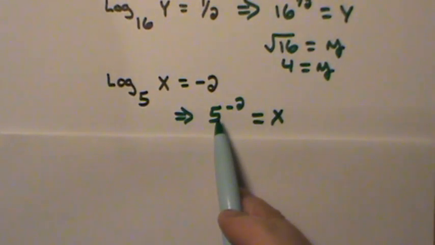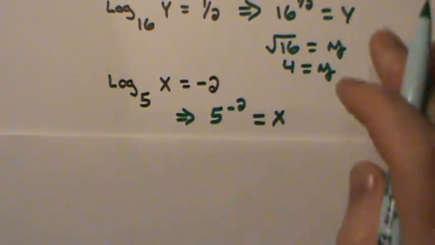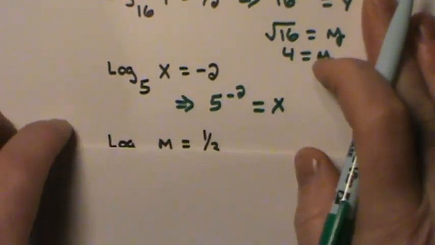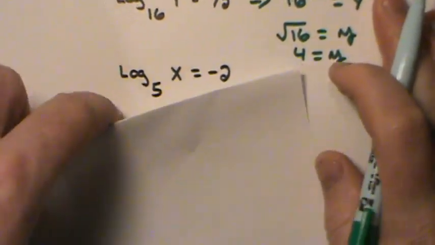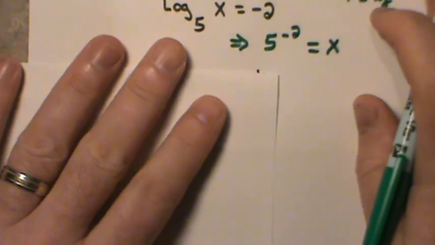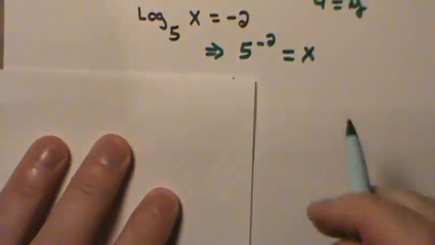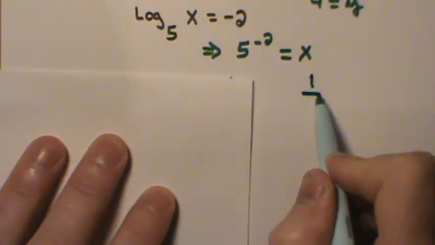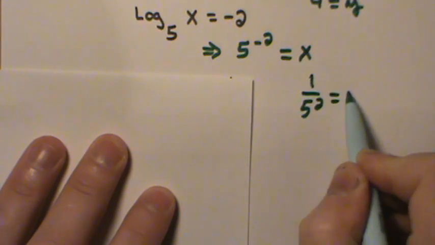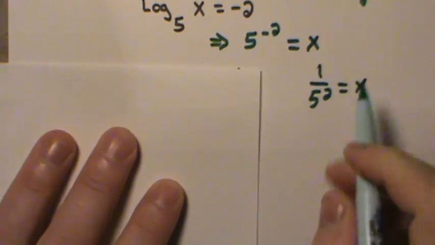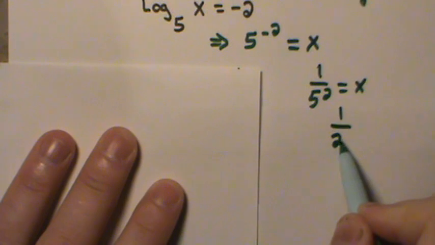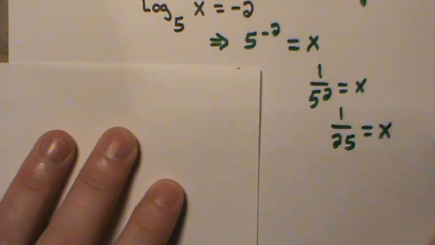It's telling me that this shouldn't be a numerator, it should actually be a denominator. So I could write this as 1/5 squared equals x, which would be 1/25 is equal to x.